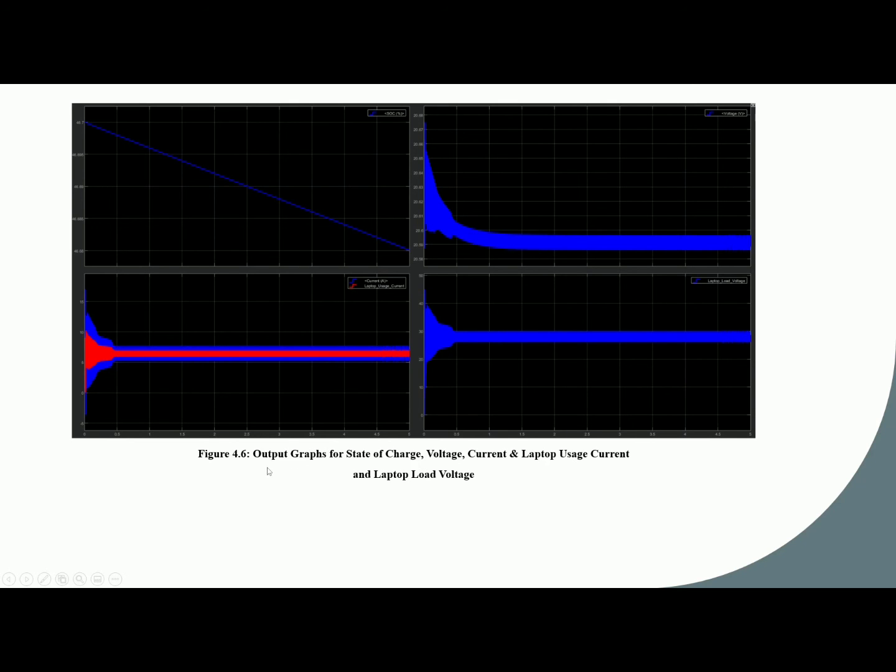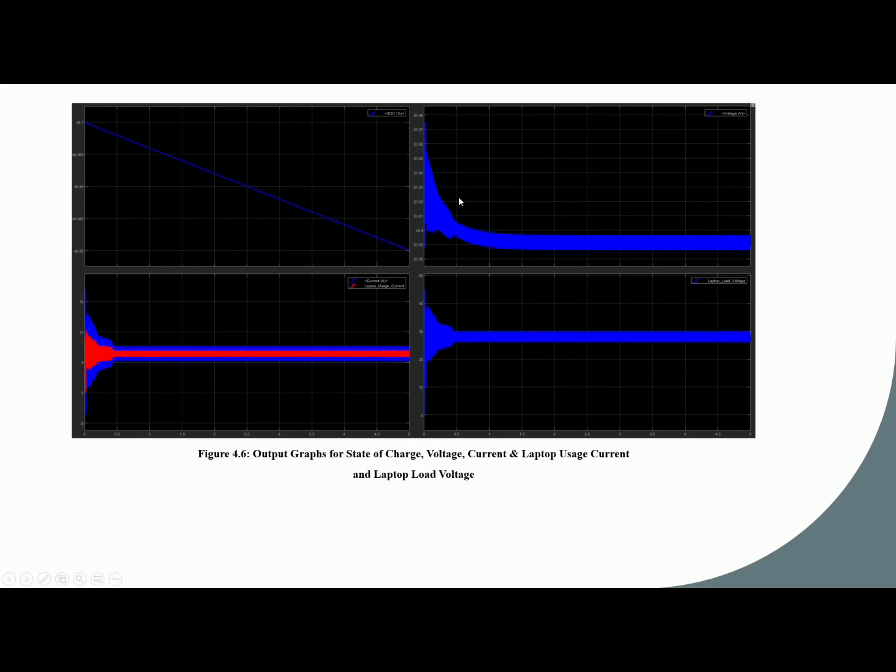From figure 4.6, we were able to observe how the battery becomes the power source for the laptop instead of the AC power source. On the upper left corner, we have the state of charge, or SOC, decreasing linearly from 46.7% due to the fact that the battery is discharging by powering the laptop. Next, on the upper right corner, we can observe the graph of the battery's voltage.